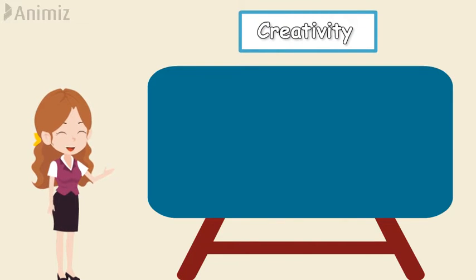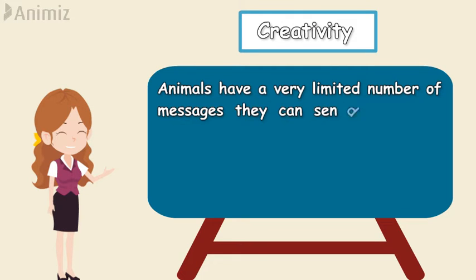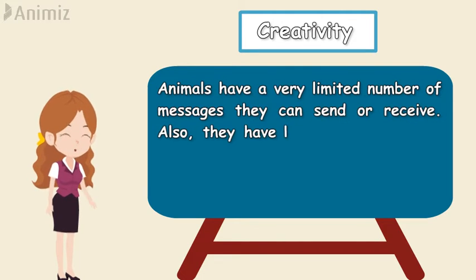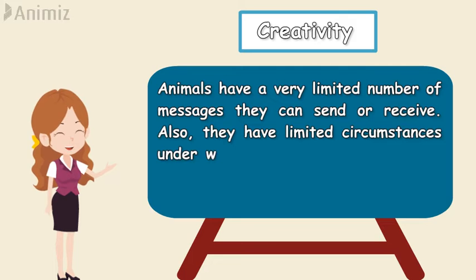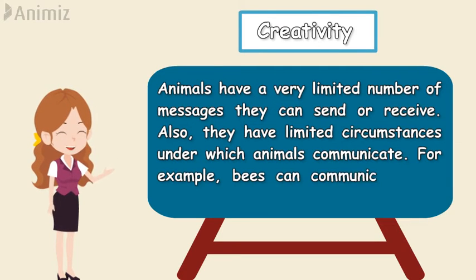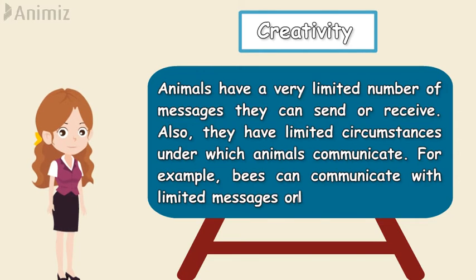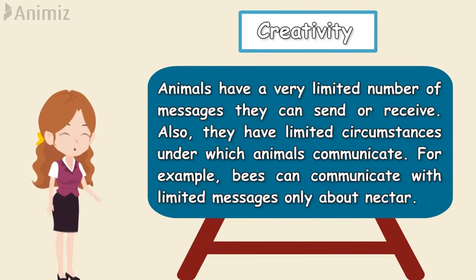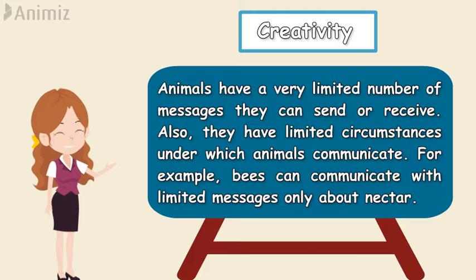Another feature is creativity. Animals have a very limited number of messages they can send or receive. Also, they have limited circumstances under which animals communicate. For example, bees can communicate with limited messages only about nectar.